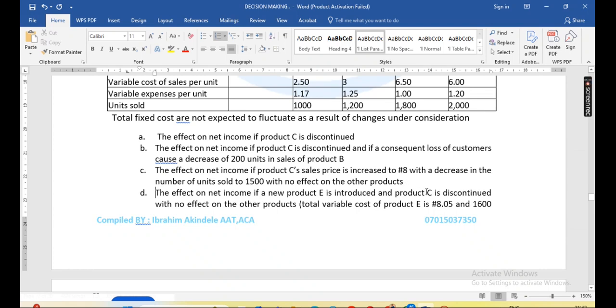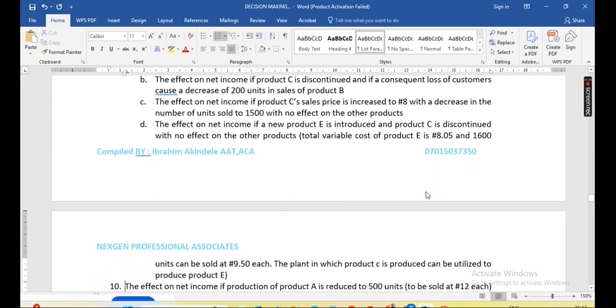So you discontinue product C. Don't forget, when you discontinue product C, you will have a savings of 900 naira, because it is already having a loss. You have a savings of 900 naira. Is that not so? Now, with no effect on other products, what is the total variable cost for E? This variable cost is per unit.